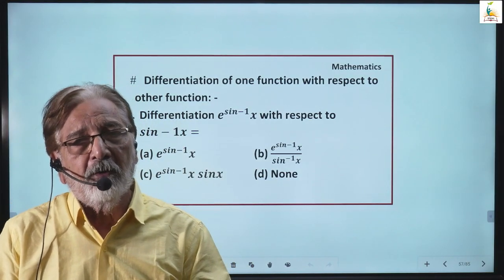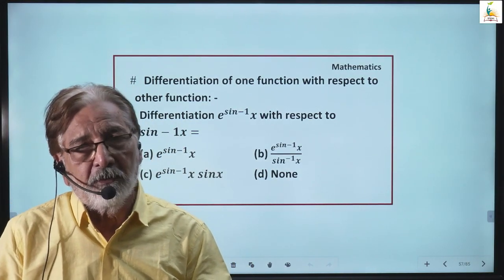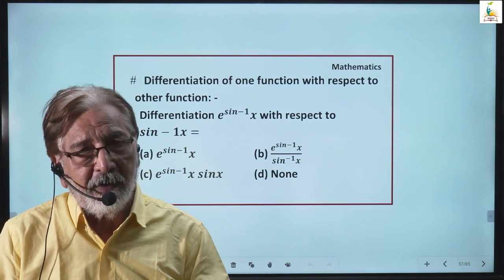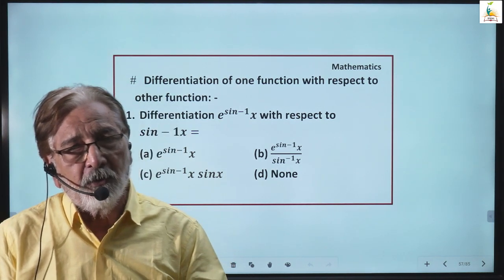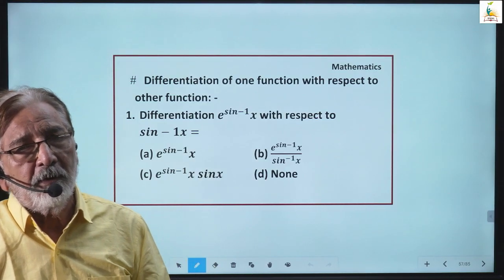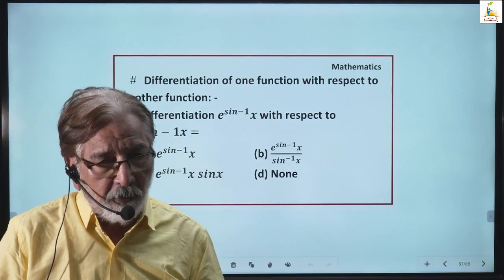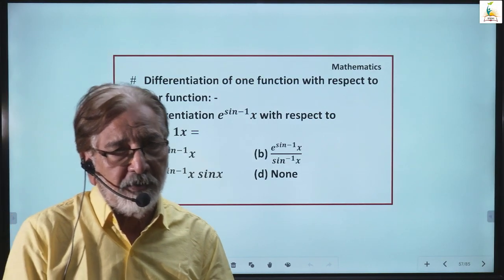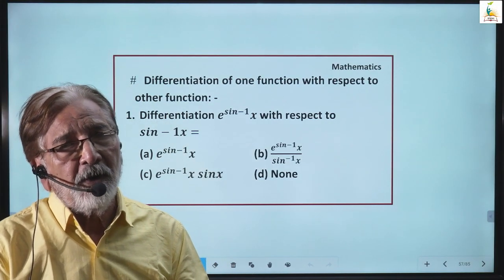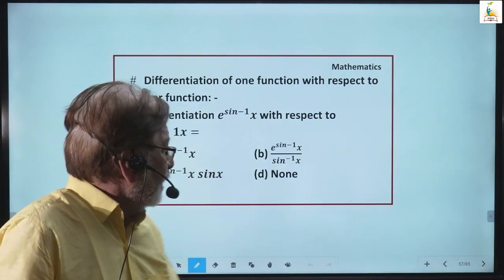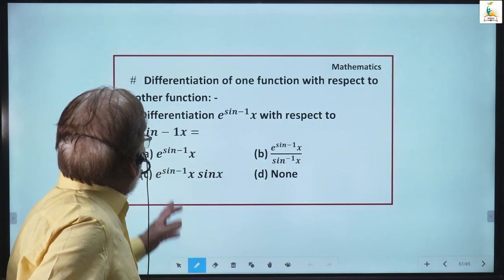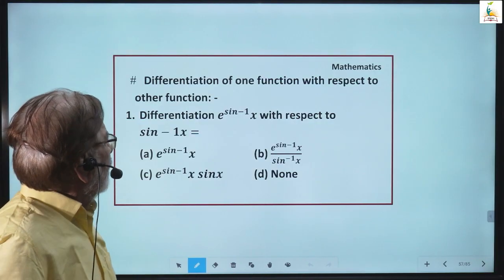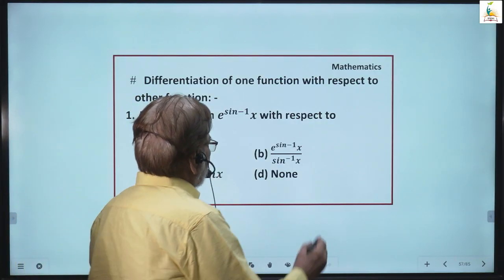You put u equal to f(x), v equal to g(x), find du by dx, find dv upon dx, and then you find du upon dv.